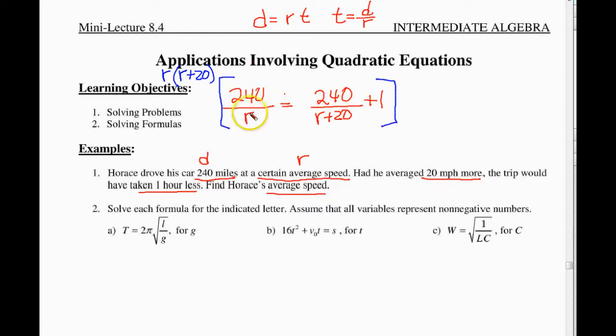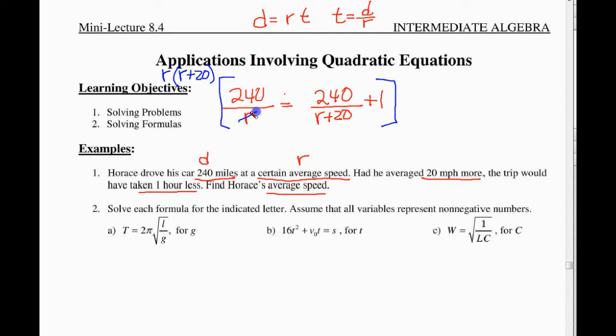I have a rational equation, or an equation with fractions. To get rid of my fractions, I have to multiply each term by my common denominator, which is r and r plus 20, which I have up there. So I'm now going to generate an equation over here without fractions.